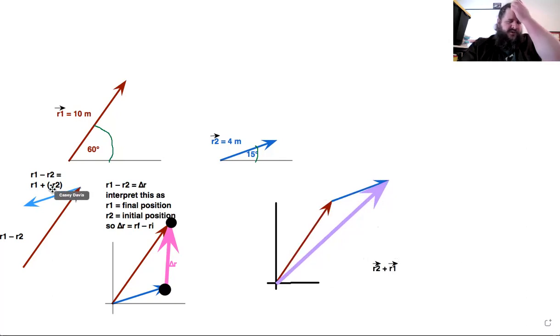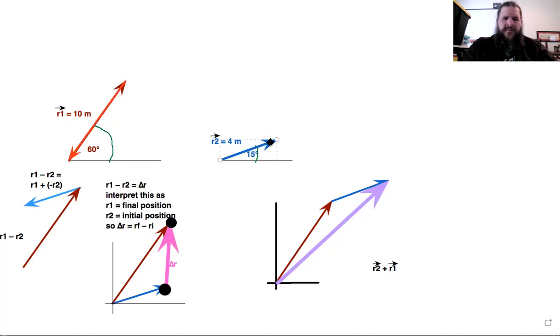So R1 minus R2, you're taking R1 exactly as is and adding the opposite of R2. If you did that in reverse, if you took R2 minus R1, you'd be keeping R2 exactly as it is, but then taking the opposite of R1.